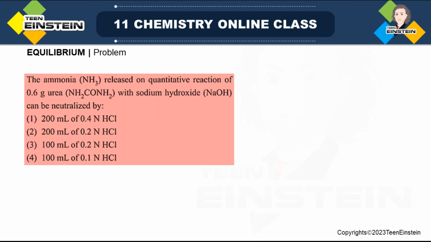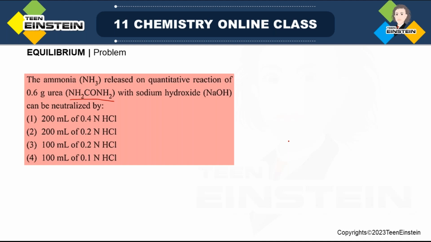This is a problem which is a little different. Ammonia released on quantitative reaction of 0.6 gram urea, formula given, with sodium hydroxide. So there is some reaction going on between urea and sodium hydroxide, and ammonia is one of the products of them.